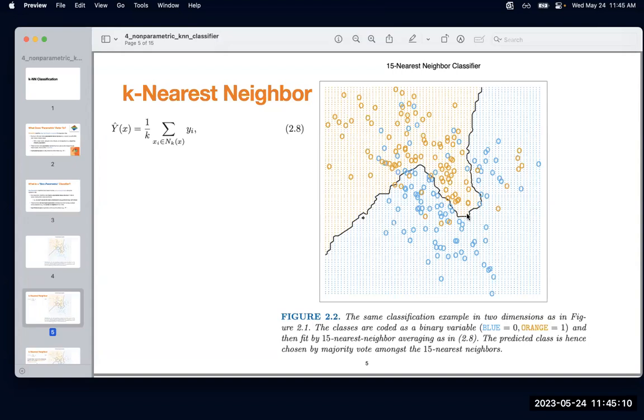This idea of neighborhood can be calculated precisely by a distance metric, and the simplest example of that calculation of distances would be to just calculate the Euclidean distance between the points.